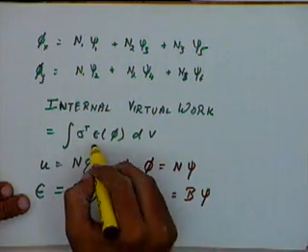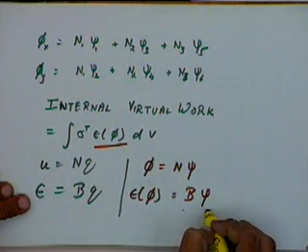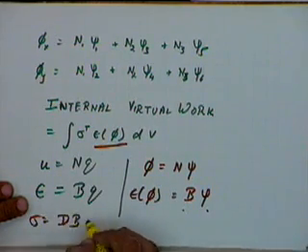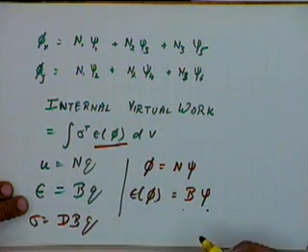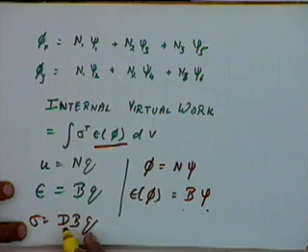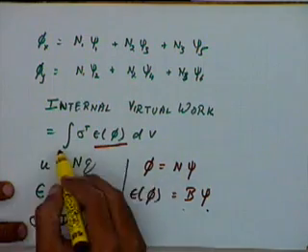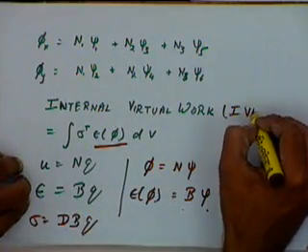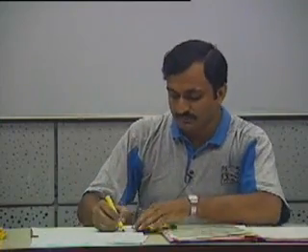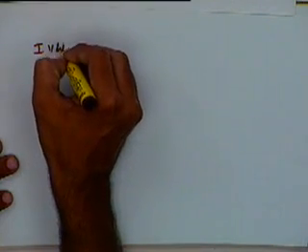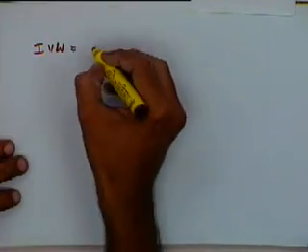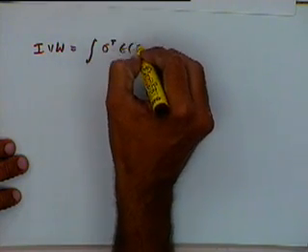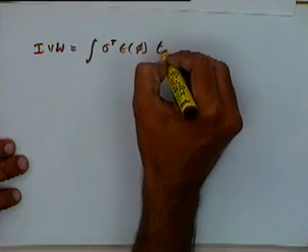So epsilon of phi will be b times psi, and sigma will be equal to dbq, so sigma transpose will be q transpose b transpose into d. I can put those expressions in the internal virtual work, which is the integral of sigma transpose epsilon phi dV, where dV is the thickness of the element multiplied by dA.